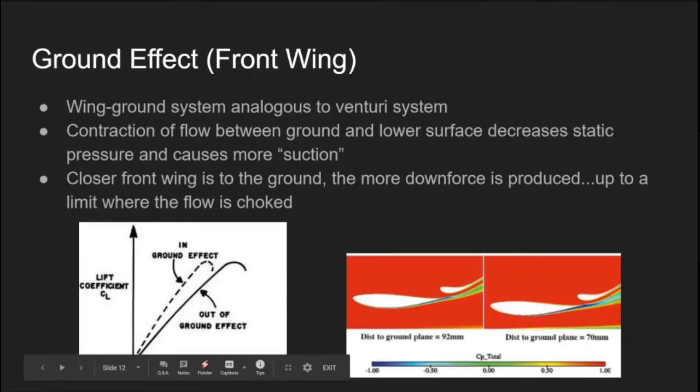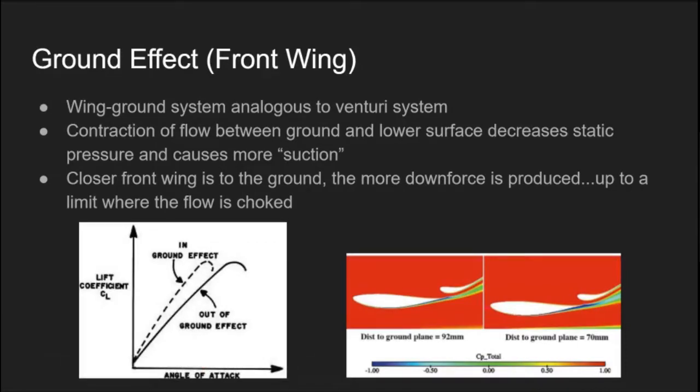So this one here on the right would produce more downforce than this airfoil setup here on the left would, because it's closer to the ground. You're causing more of a constriction, which causes the airflow to accelerate even faster, up until you get too close to the ground, and then not enough flow can get through that little gap, and you just lose downforce right away.